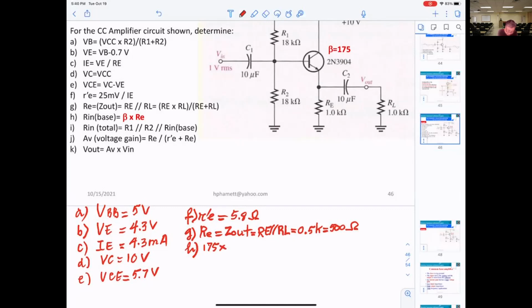You can use 0.5K or you can use 500 ohm. So if you're using 0.5K, 175 times 0.5, you get 87.5K ohm.